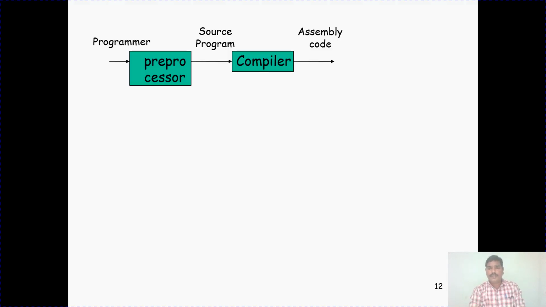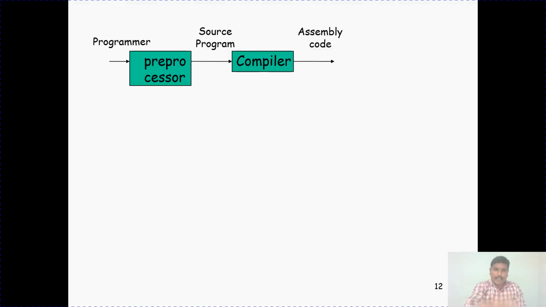You already know it from microprocessor systems like 8085 and 8086, where we write programs like MOV A, B. MOV A, B is assembly language. MOV is the opcode, and A, B are the operands. This is the assembly language.